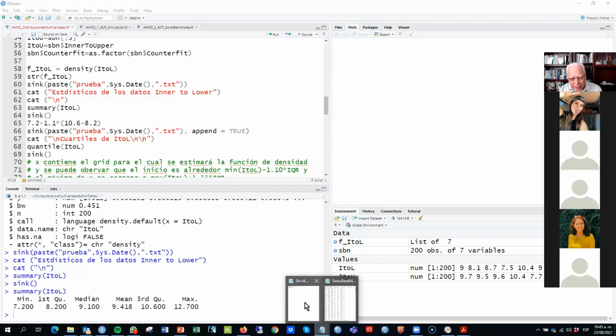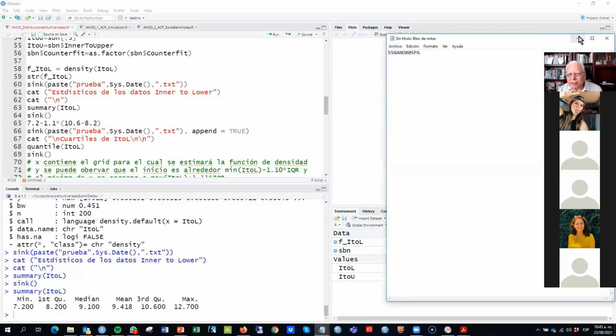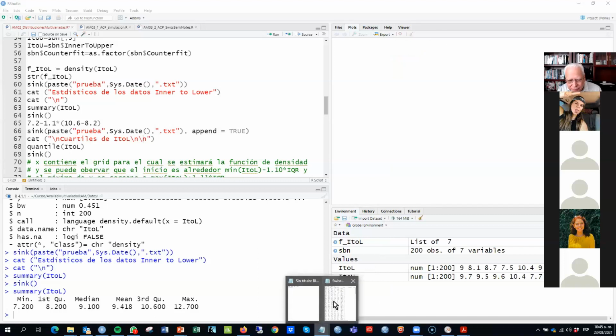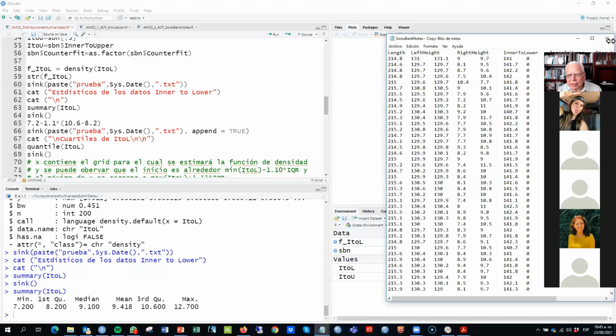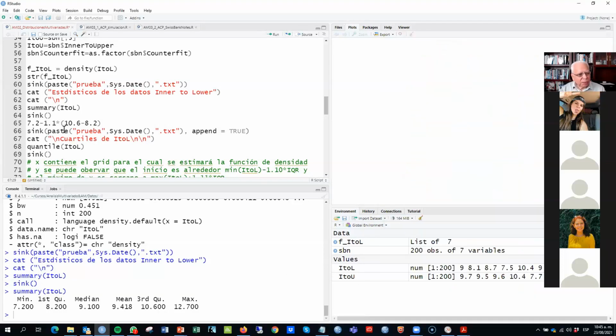Let me close this file. What append equals TRUE does is keep adding the results in the console to the same file. This is useful if you want to take information from the console later, because you already have the console saved in that file.